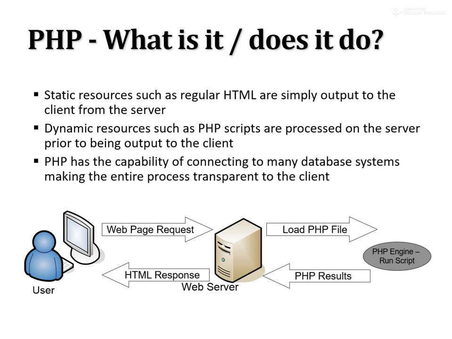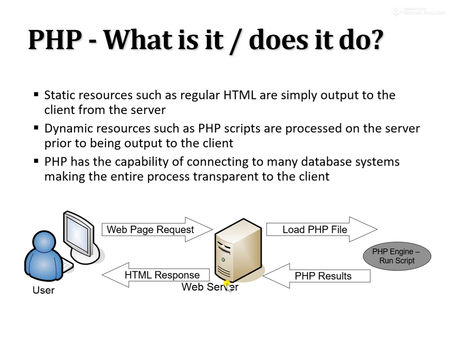Okay, what does PHP do? Static resources like the text on the web page or any URL or any image are simply output to the client from the server. If a client wants any static resources, your request will be sent through the browser to the web server, like here we can have an Apache server.